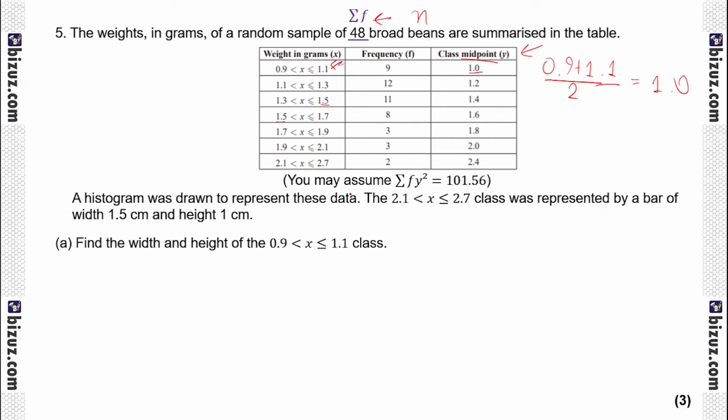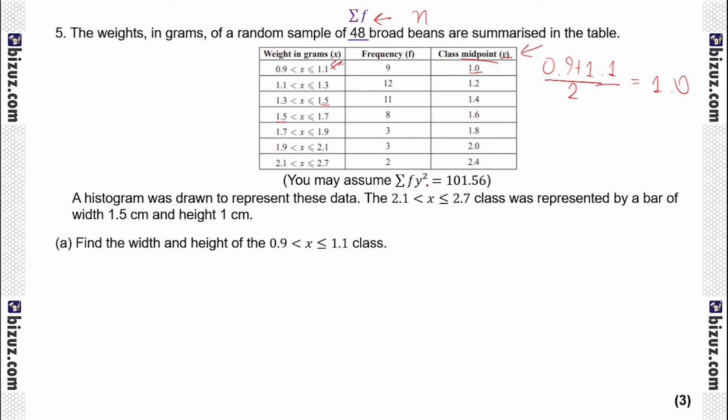And you may assume that the sum of f multiplied by y squared, so every frequency multiplied by y squared, where y is the class midpoint, the sum of all of them is equal to 101.56.